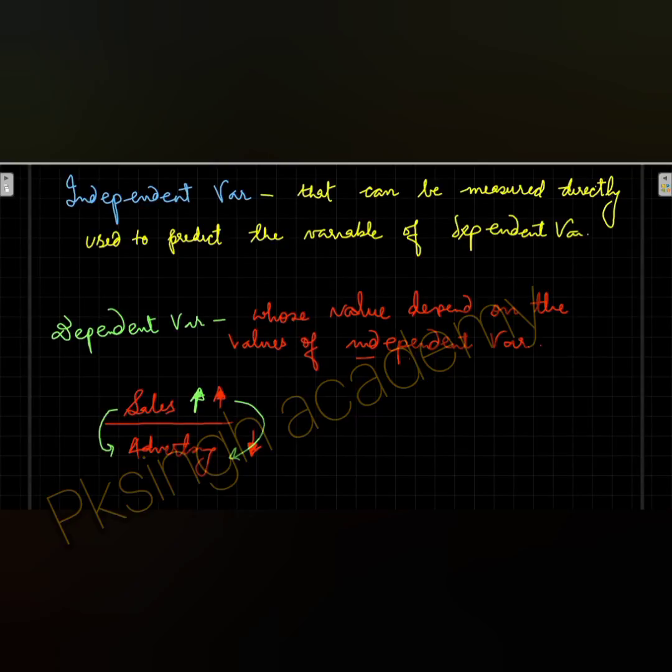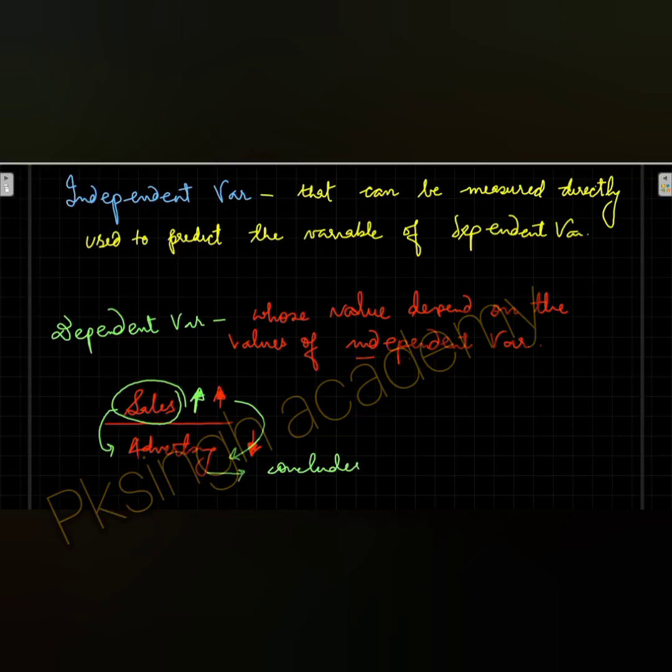So what I'm saying is that sales is an independent variable because this sales is not depending on any other. Why the advertising will conclude only when the sales will have some value.